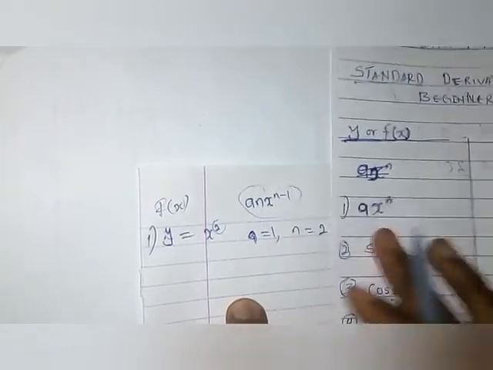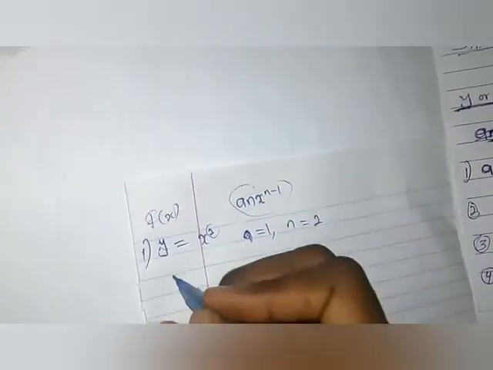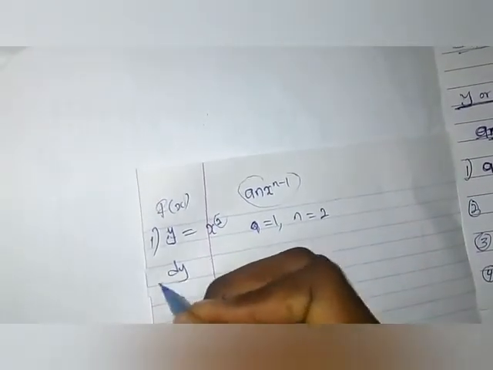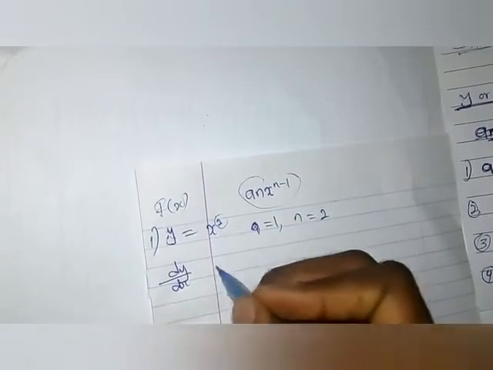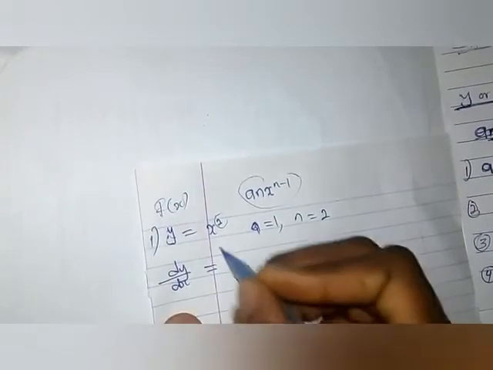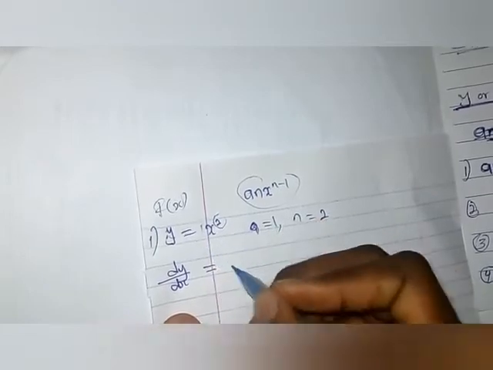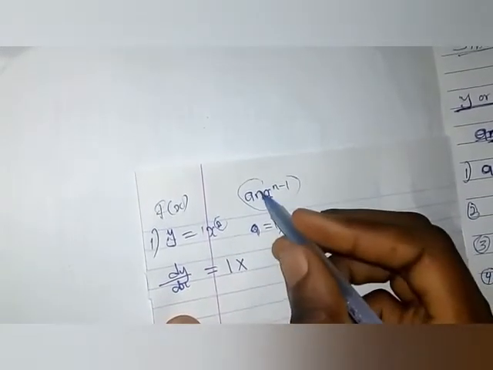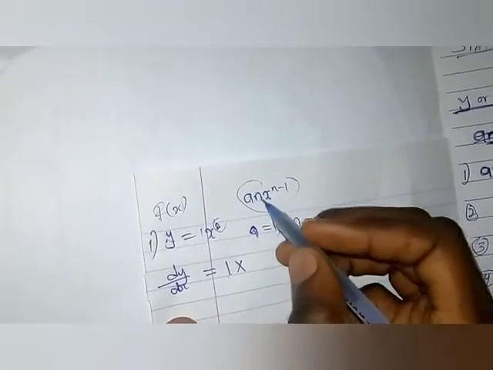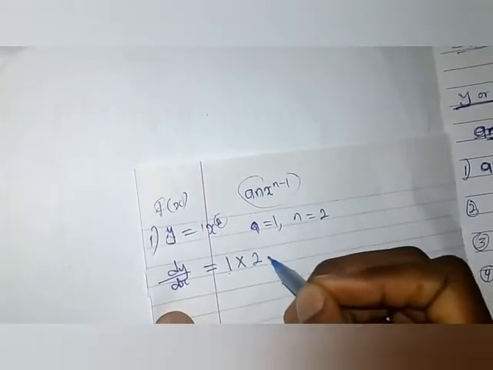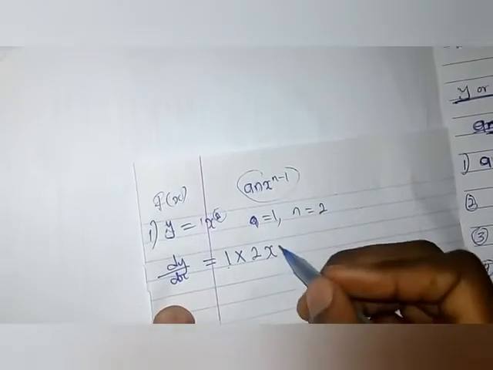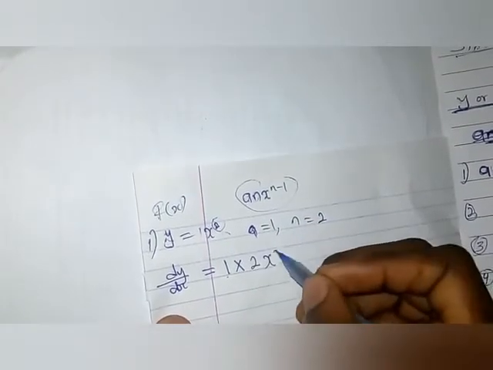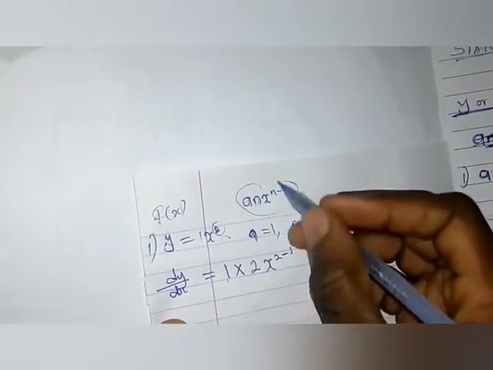By following this formula, the derivative dy/dx of this is equal to 1 multiplied by the power. Bring down the power: a is 1, then multiplied by n, 2, then x raised to the power of n, which is 2, minus 1 from the formula.